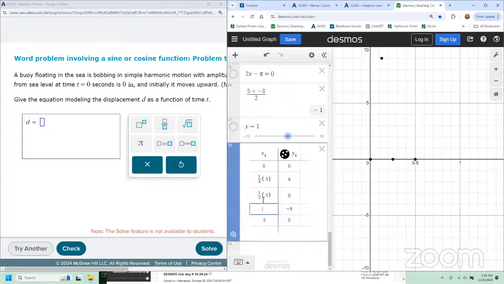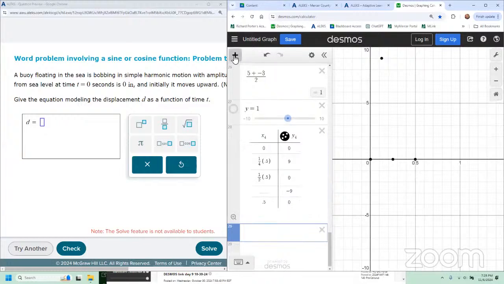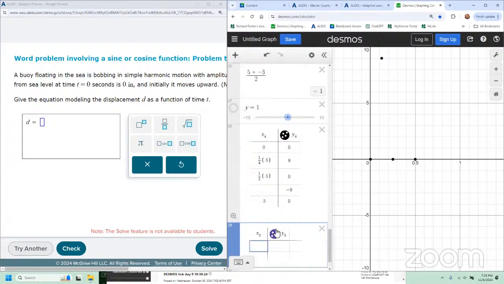And then what's exactly halfway? But you said it's 1/4, 1/2. What's after 1/4, then 1/2, then what? By the way, if I create a table and do this the right way, Desmos will figure it out for me.